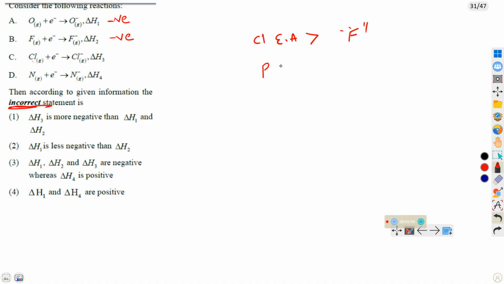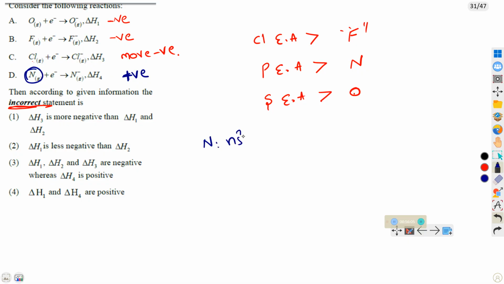Even phosphorus's electron affinity value is more compared with nitrogen. Sulfur's electron affinity value is more compared with oxygen. That means delta H3 is more negative. For N plus electron, the value of delta H is positive because nitrogen has the stable electronic configuration 2s2 2p3. It does not accept the electron easily. That's the reason the value of delta H is positive. Only D is positive, remaining all are negative. Fourth option.